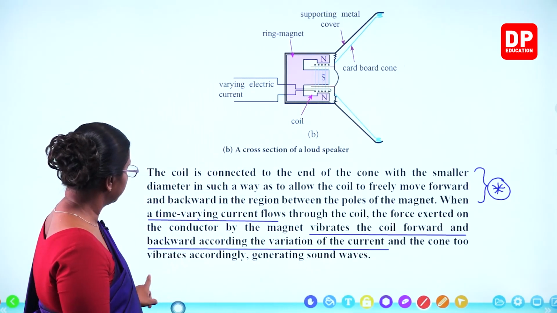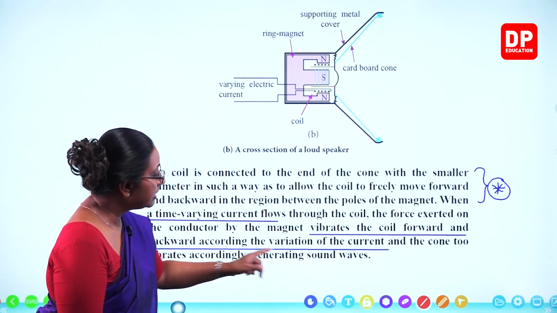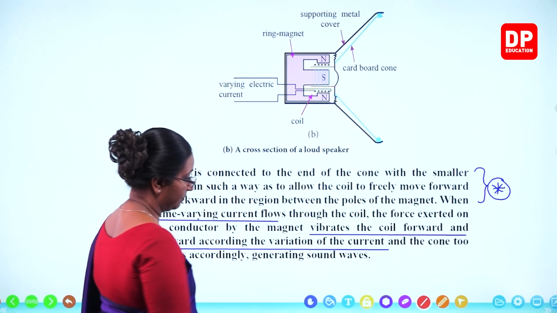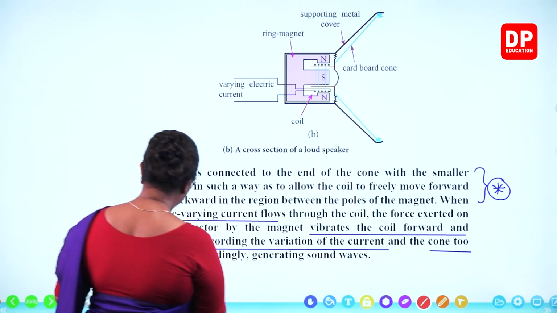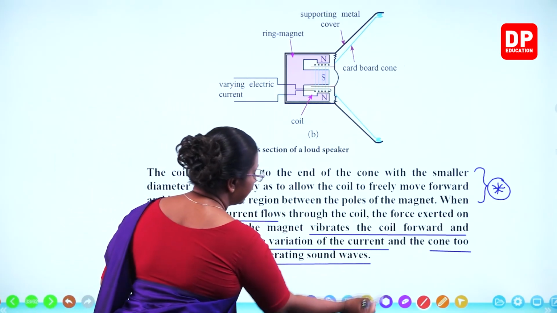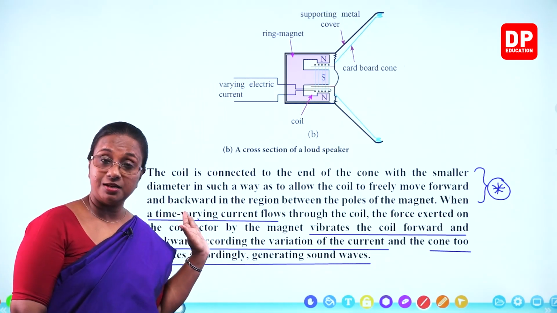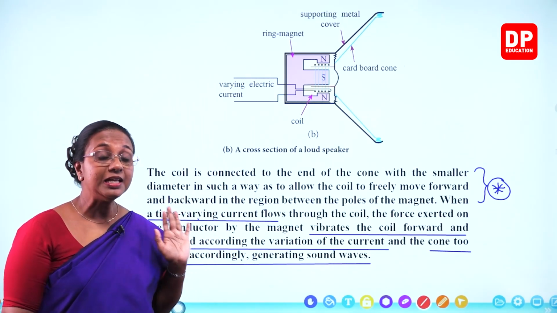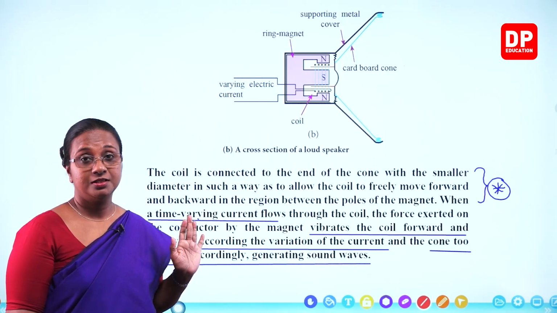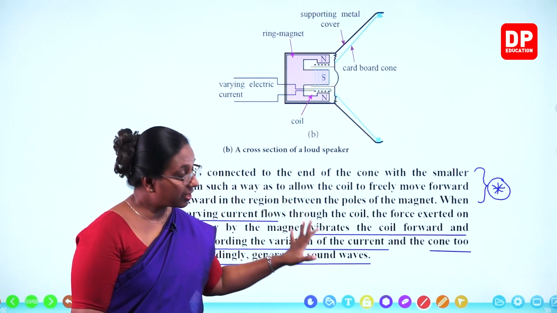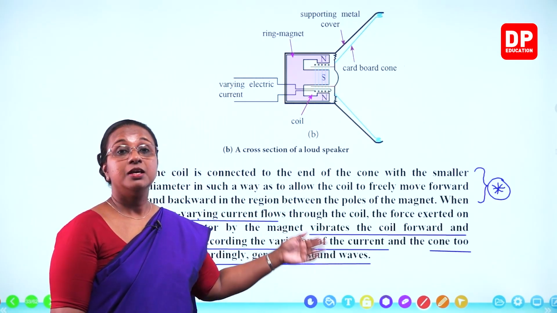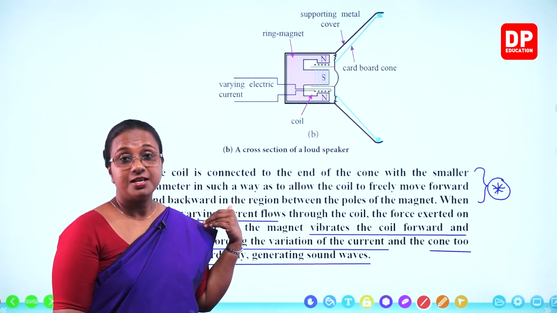And the cone too vibrates accordingly, generating sound waves. So, this is all what I explained to you all before. Is that clear, students? So, I have explained the function of the loudspeaker. You have understood that.